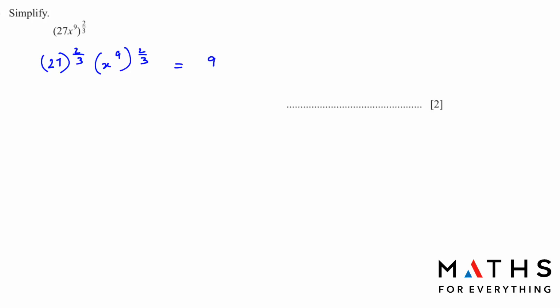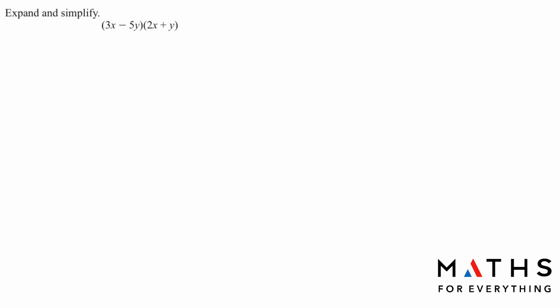This will give us 9. And if there is an x and there's a power inside the bracket and a power outside the bracket, we multiply the powers. So 9 multiplied by 2 over 3. That will give you 6. The answer is 9x to the power of 6.